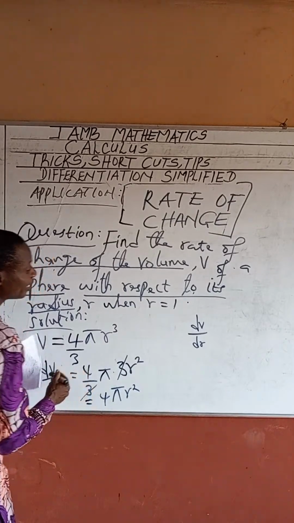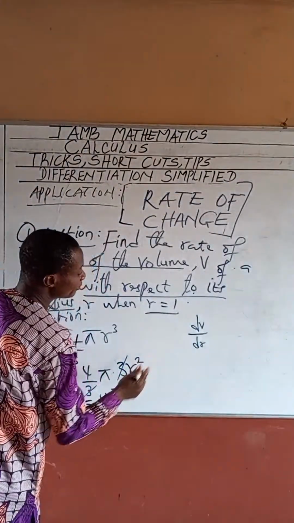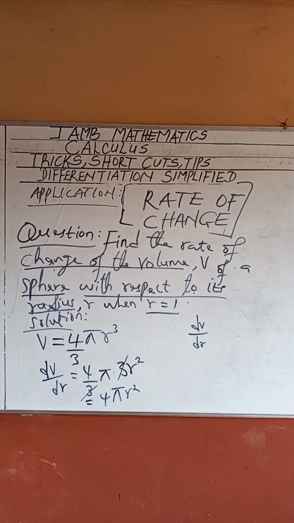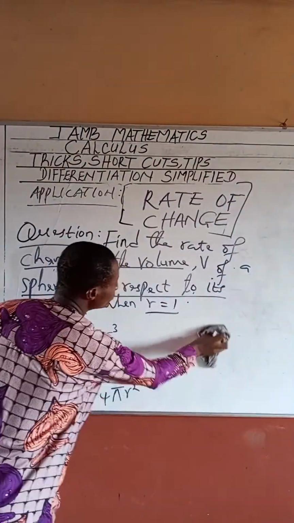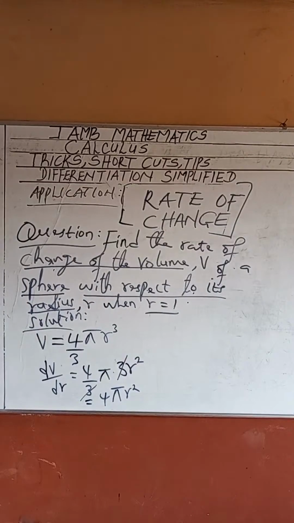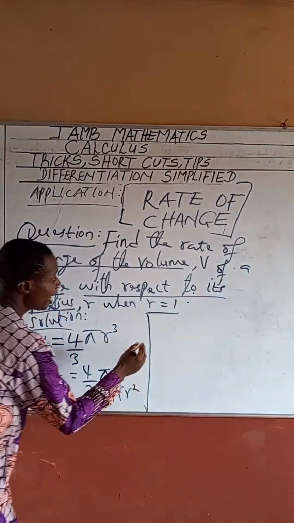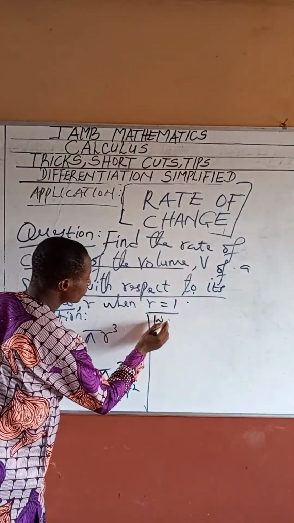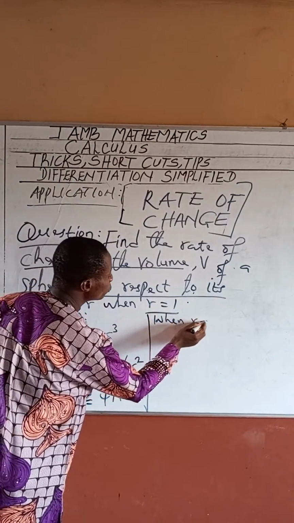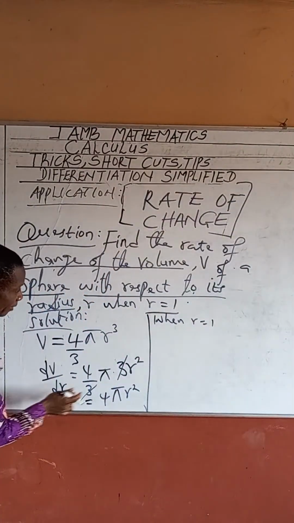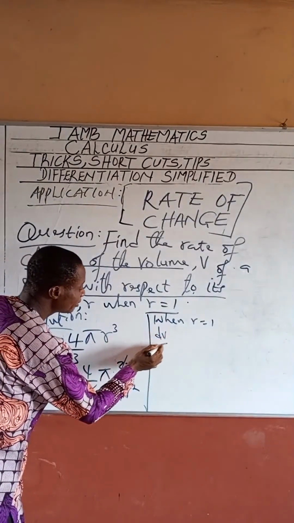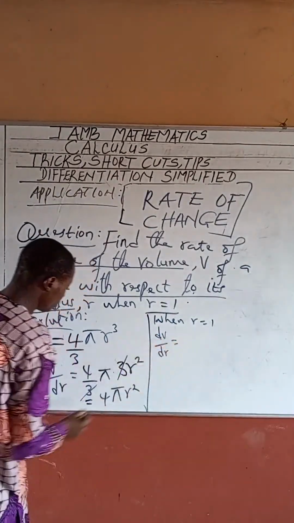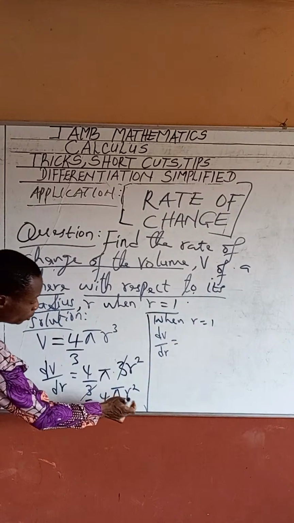Now we are given that r is equal to 1. So when r is equal to 1, what is dV/dr? Just substitute here.